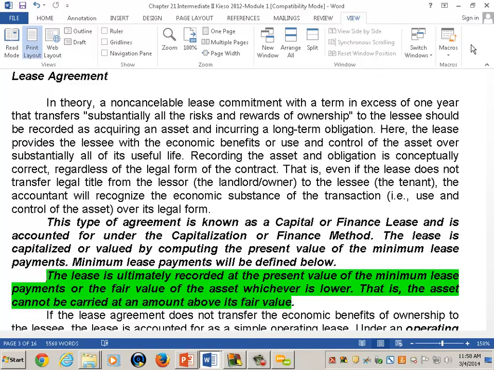Current portion of the lease debt. How do you classify that? How do you classify the current portion of lease debt? It's a current liability.